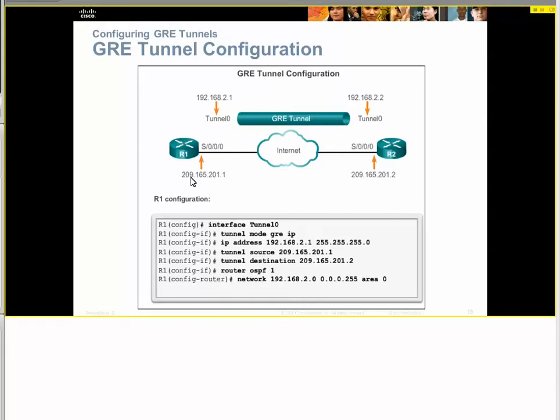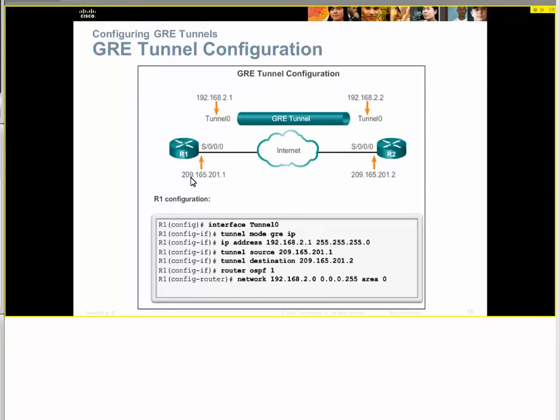But the tunnel, remember, is considered an interface, and it has an address of its own. Typically, although it wouldn't have to be, that will be a private IP of some kind, probably a 192.168 or a 172 or a 10 or something like that.